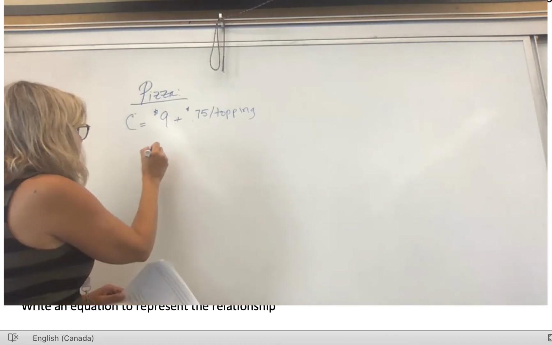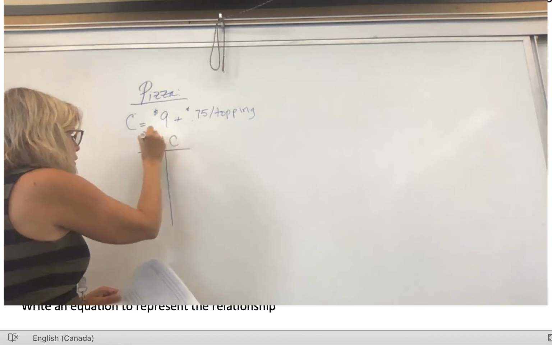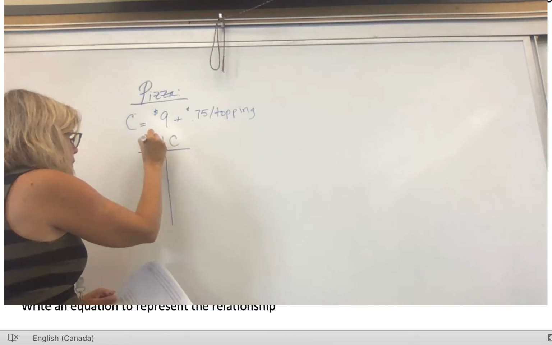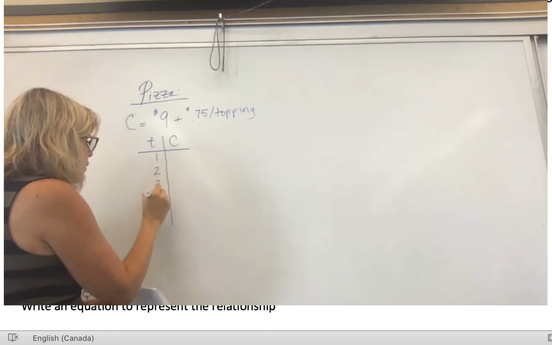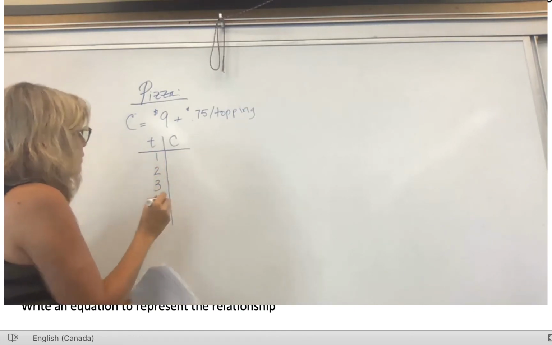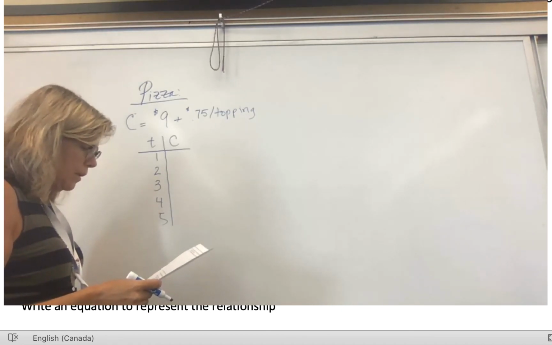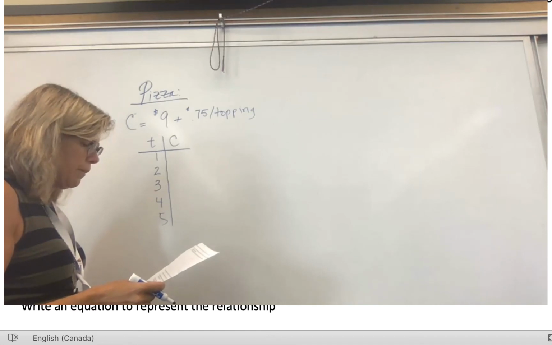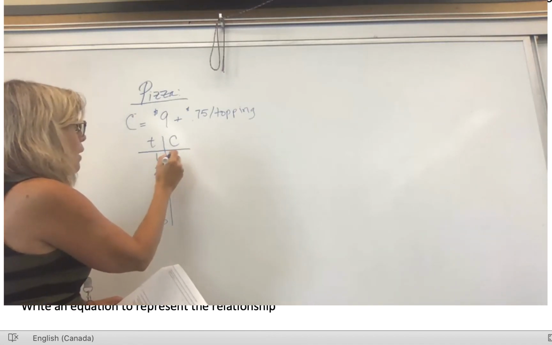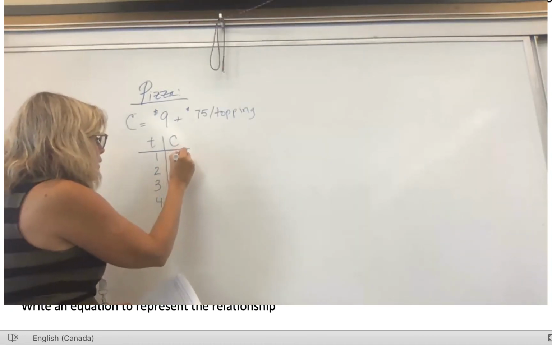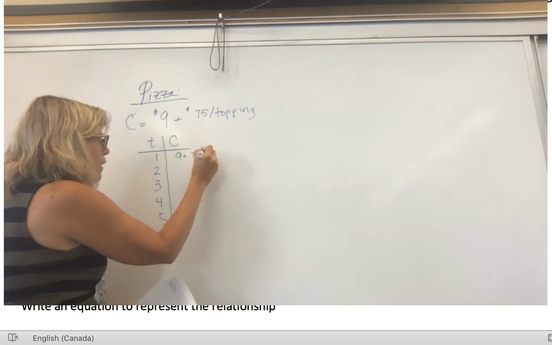Okay, so if we have this table of values, this is the cost and this is the N or T term. 1, 2, 3. So the first one, right? Let's see. Create a table that shows the cost of a pizza for up to 5 toppings. Well, the first one with 1 topping is 9 plus 75, or $9.75.